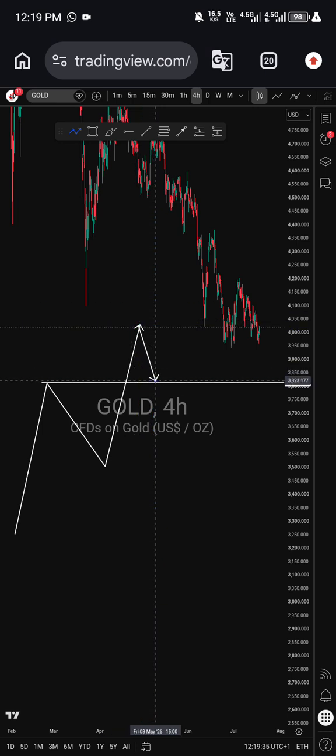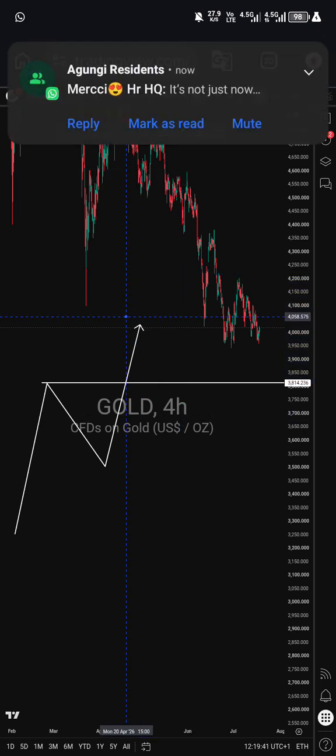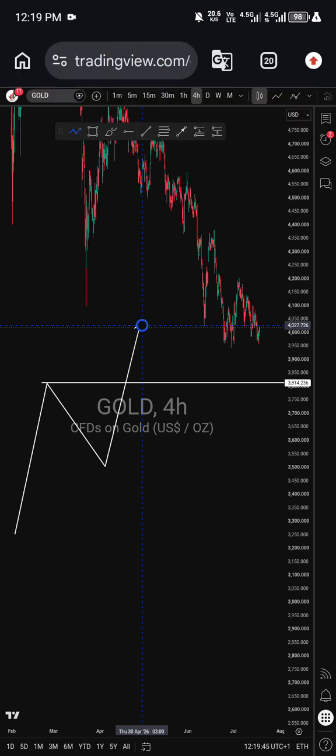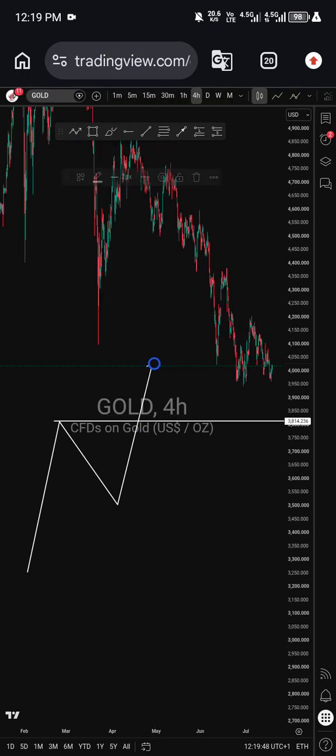It can come like this and then continue, or it can come like this and come like this. It can come like this and continue.